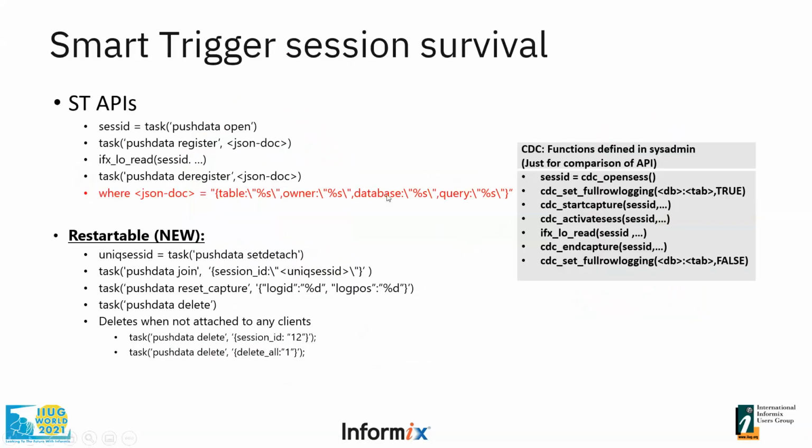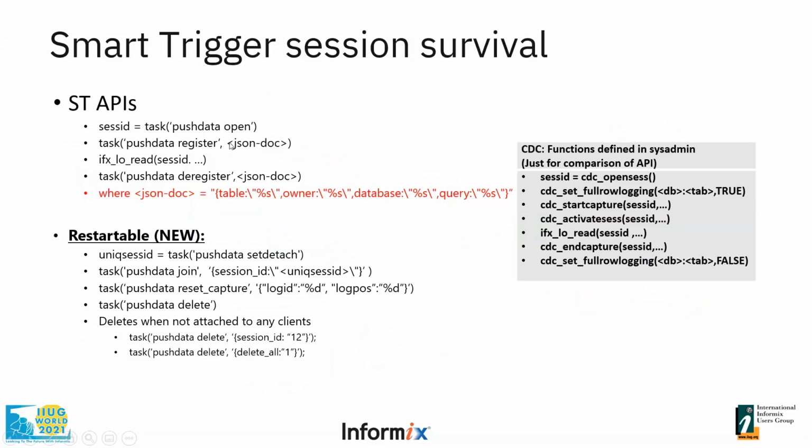So that's about Smart Trigger. Now we are coming into the crux of what we have done over Smart Trigger, the session survival. These Smart Trigger APIs, which are already there, you see that, we are using the admin API like task of push data open. It gives a session ID.